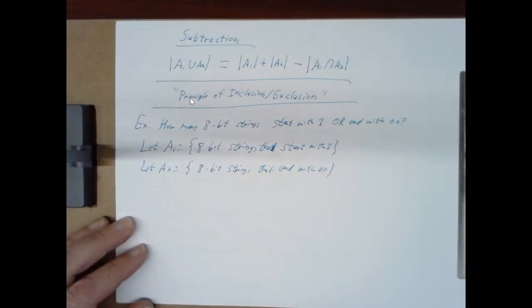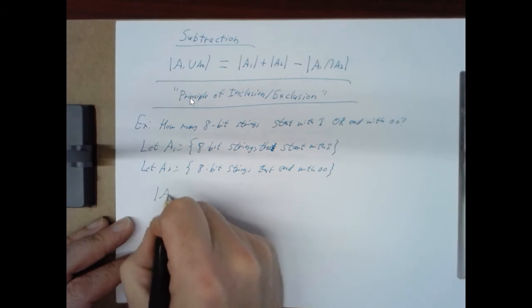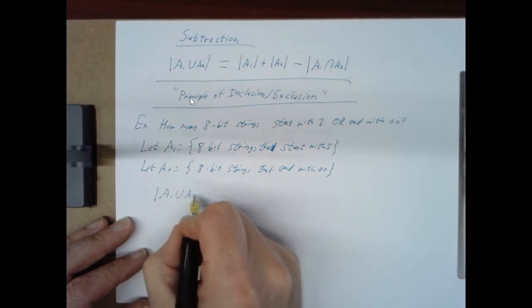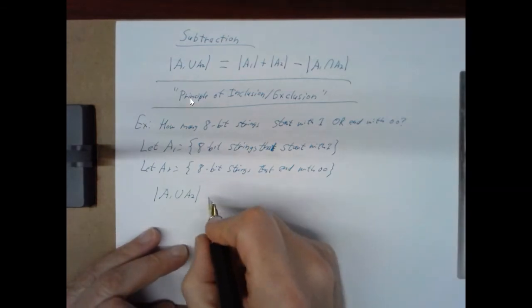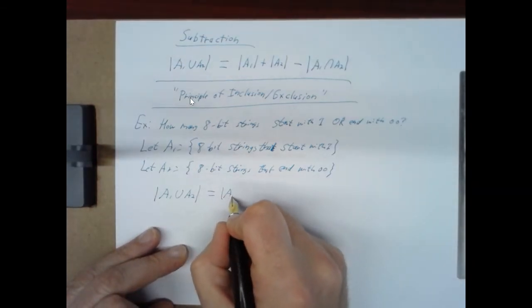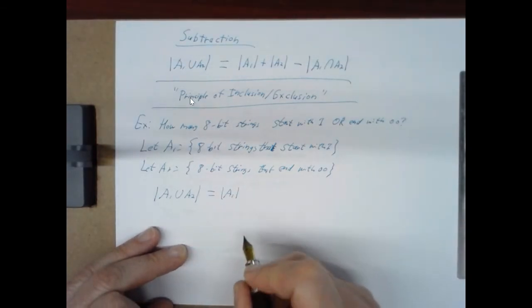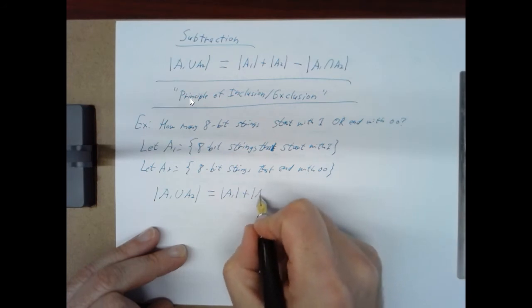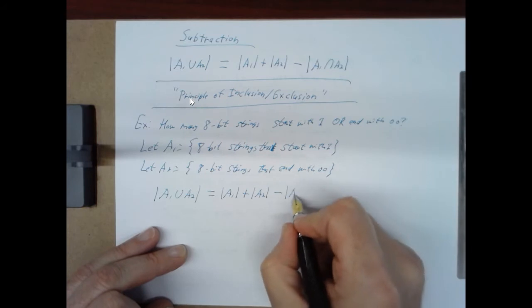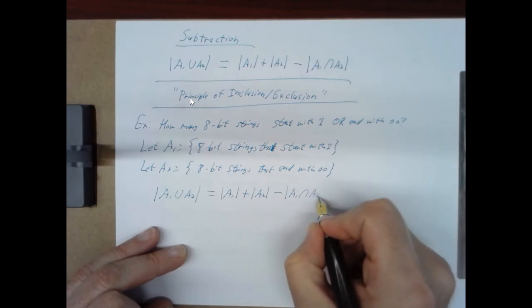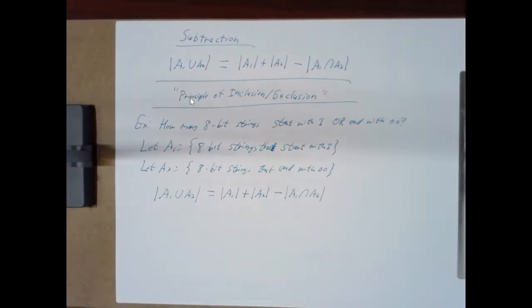And so this question is really asking what's the number of elements in the union of these two sets. And we're told that that's the number of strings that start with a 1 plus the number of strings that end with a 0, 0. But we have to subtract the number of strings that are in the overlap. Otherwise, they would get counted twice.